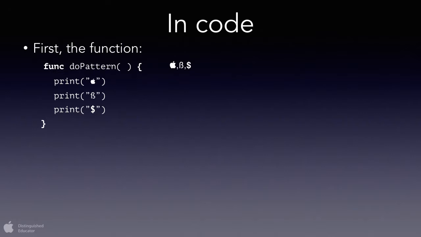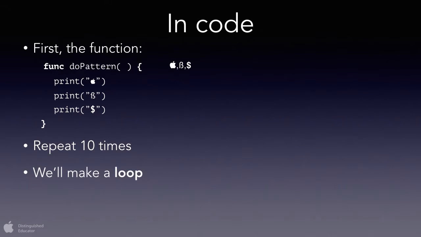So, okay, let's say this works this way. And we want to repeat this 10 times. Then we'll have to make a loop. And a loop is easy to make too. So it looks like this. For i in the interval 1 to 10, doPattern.